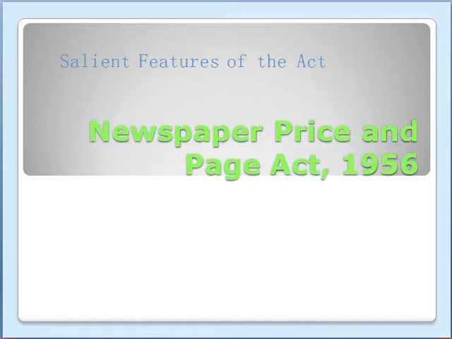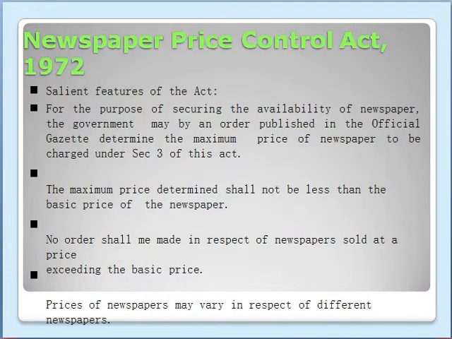Now, what are the salient features of this Act? The features of the Act are, for the purpose of securing the availability of newspapers, the government may, by an order published in the official gazette, determine the maximum price of newspapers to be charged under Section 3 of this Act.